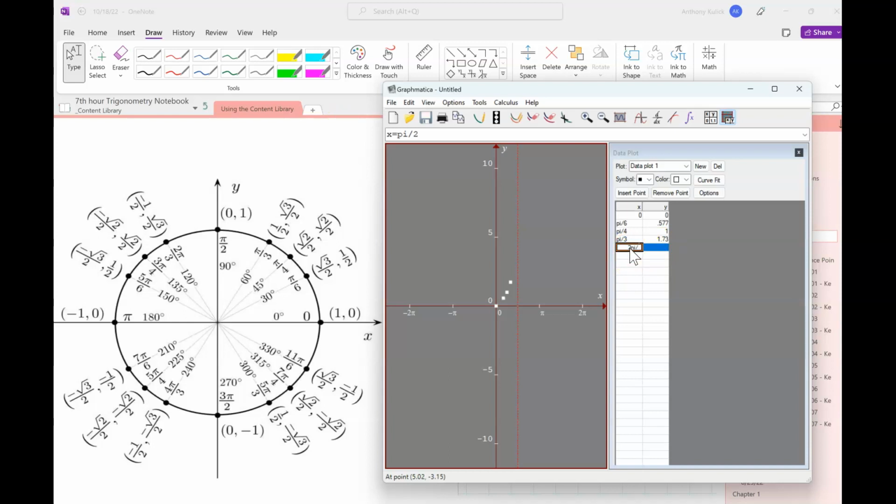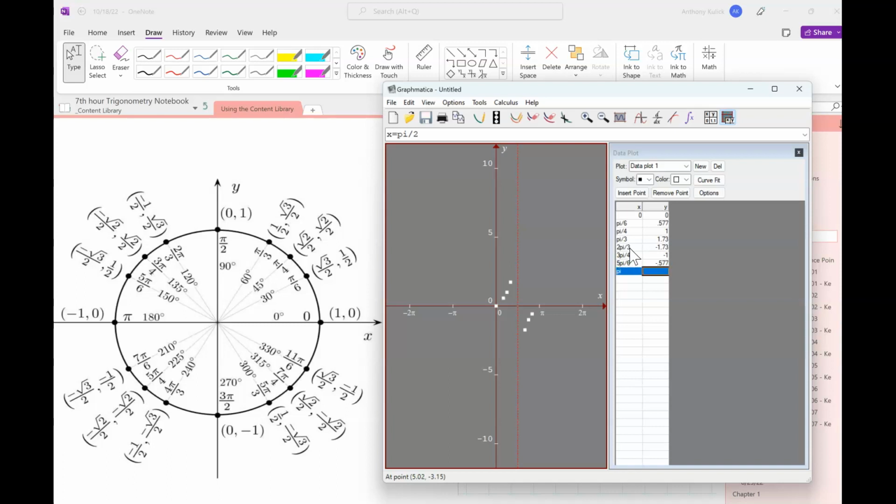So I have 2 pi over 3 comma negative 1.73. And then I have 3 pi over 4 and negative 1. And then I have 5 pi over 6 comma negative 0.577.